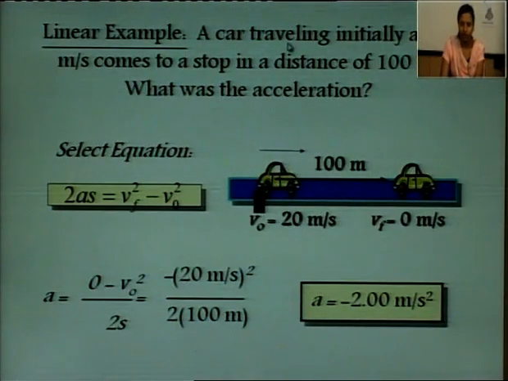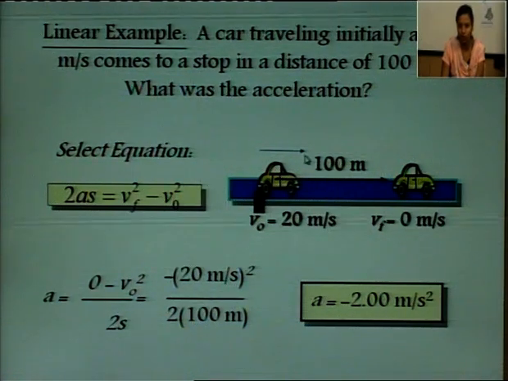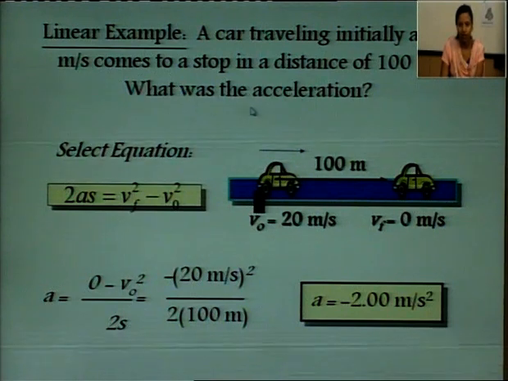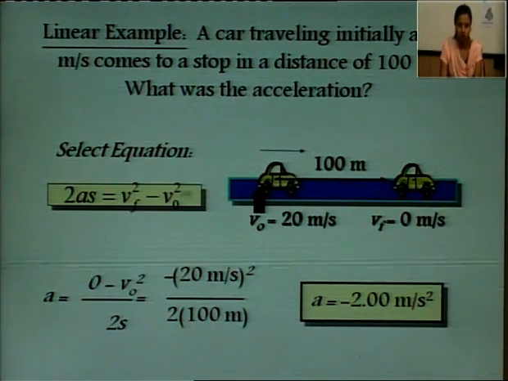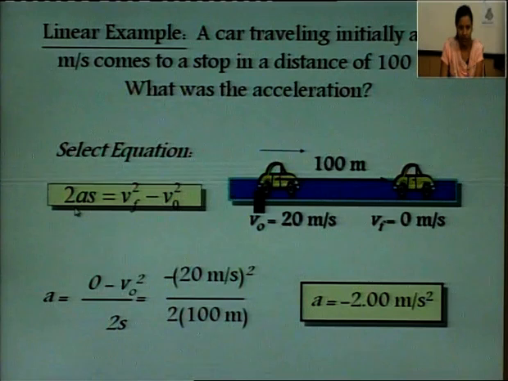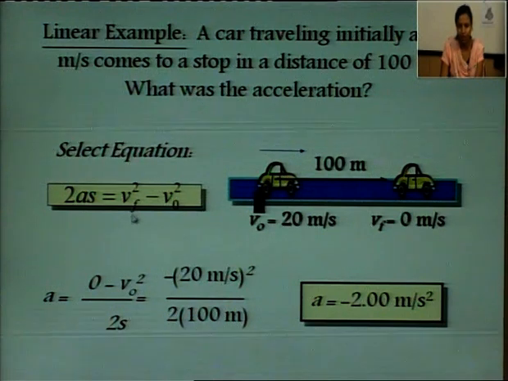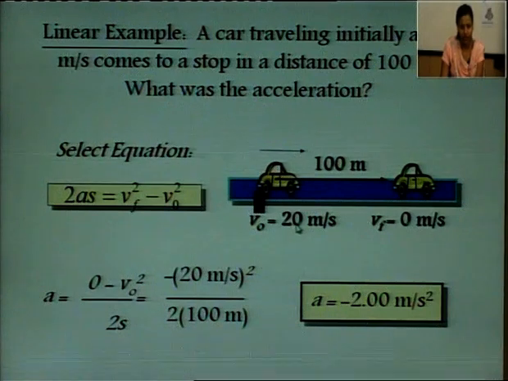So, next example: a car is travelling initially at 20 meters per second, then it stops at a distance of 100 meters. What was the acceleration? According to the kinematic equation, 2as is equal to final velocity squared minus initial velocity squared. Final velocity is 0 and initial is 20.